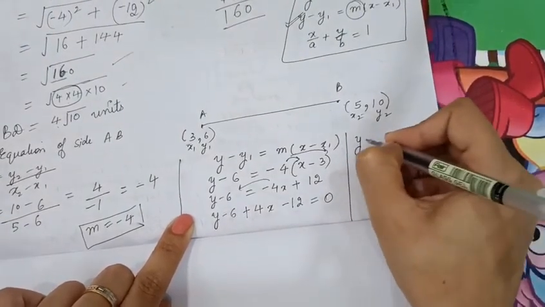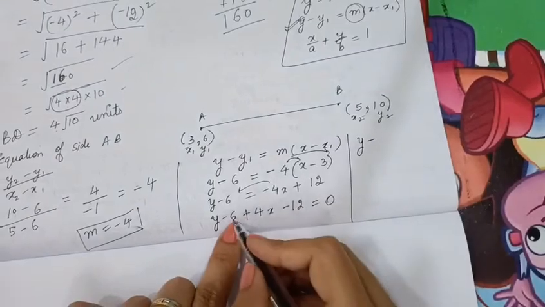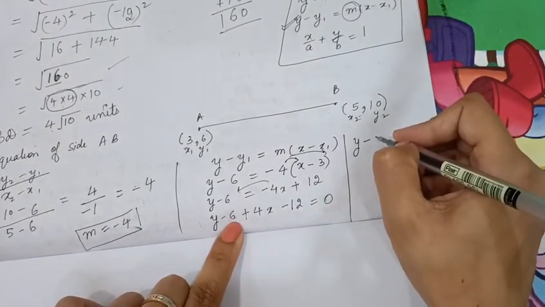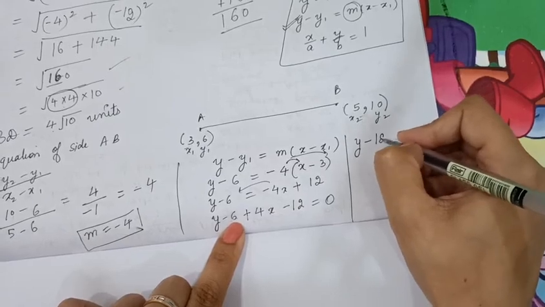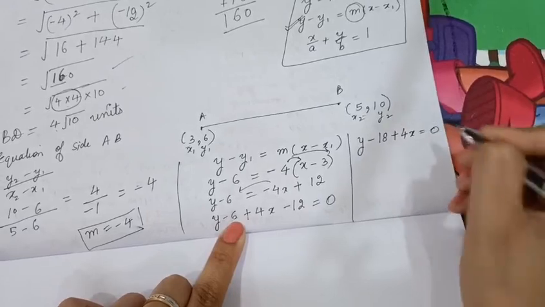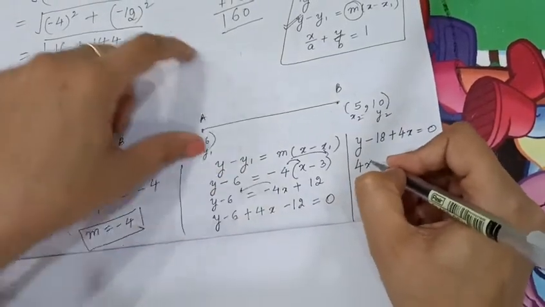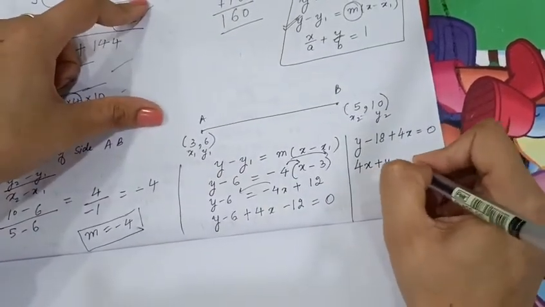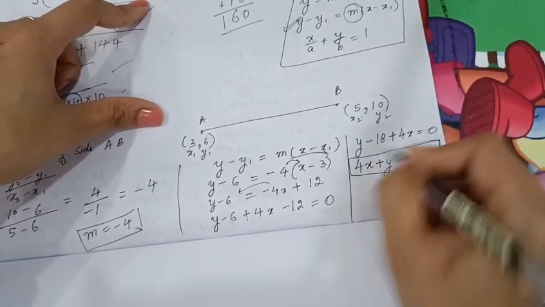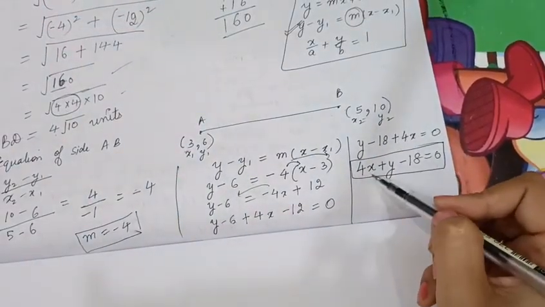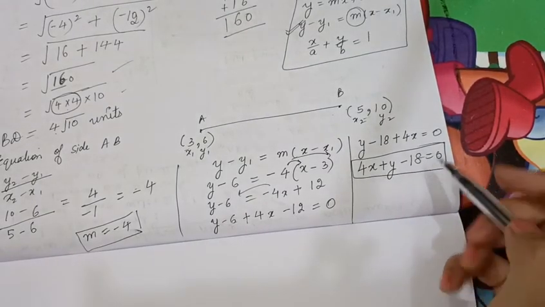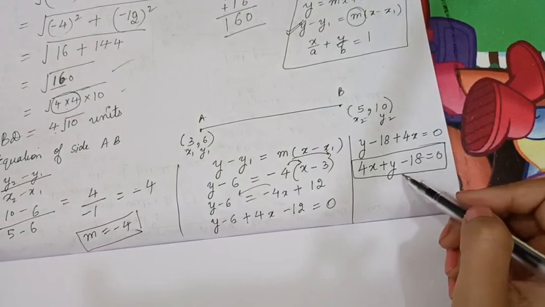Minus 6 and minus 12 are like terms. So minus 6 minus 12 is minus 18, plus 4x is equal to 0. You can write it as 4x plus y minus 18 is equal to 0. So this is the required equation. I have just rearranged. x I have written first, then the y term, then the constant term. So this is the equation of line AB.